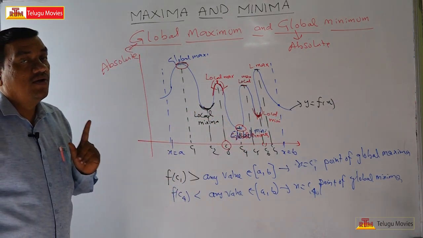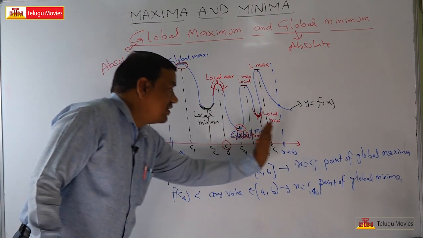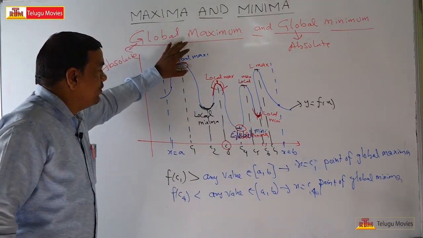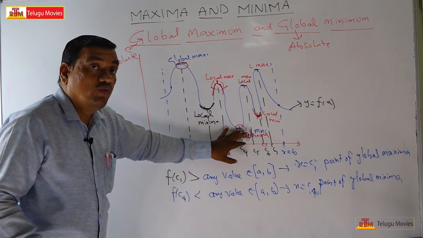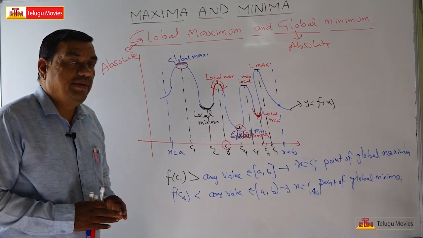So from this conclusion, we can say clearly, in a given interval a and b, there will be only one global maxima or absolute maxima, and only one global minima or absolute minima.